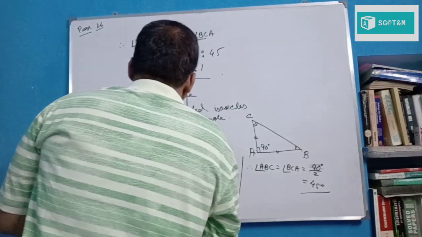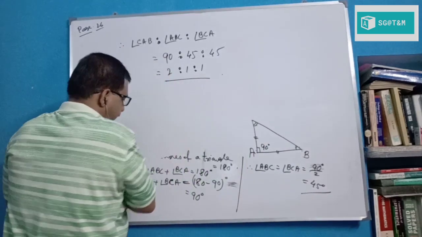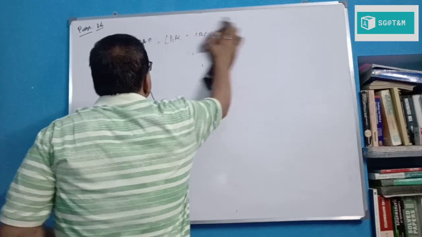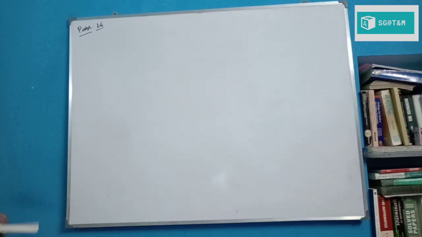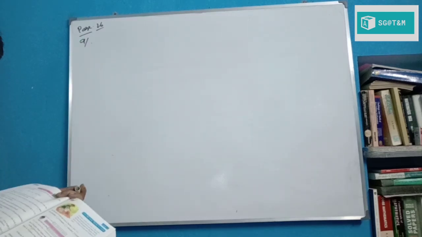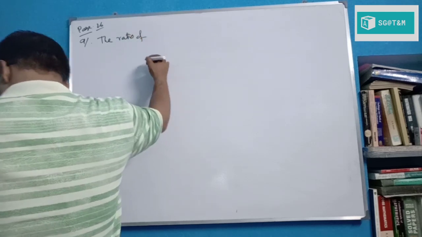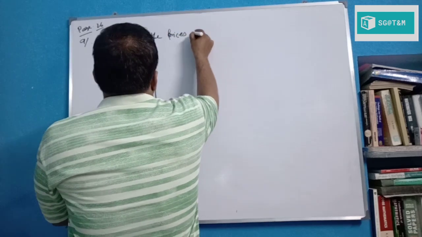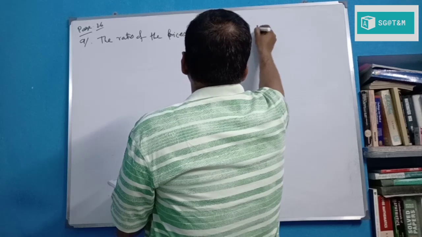Next we start question number 9. The ratio of the prices of two books is 2:5.